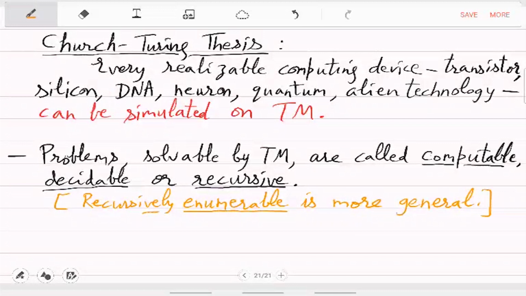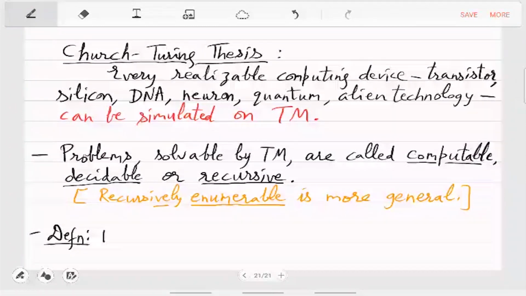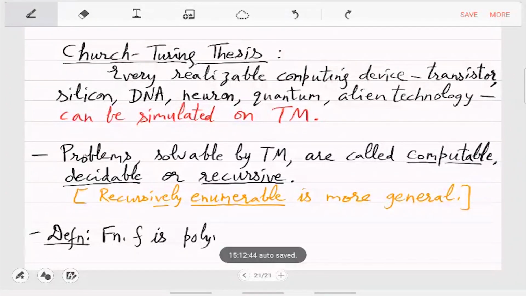And what is more special, which we study in this course, is efficiently solvable problems. Okay, so what are they? So function f we will call polynomial time computable.